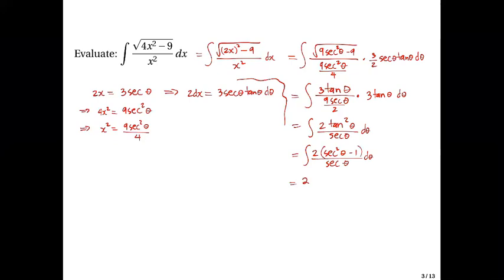I'll take out the 2 and we will be left with the integral of secant theta minus 1 over secant theta d theta. And 1 over secant theta is just cosine theta. So we have 2 integral of secant theta minus cosine theta d theta. And this guy here is easily integrable.